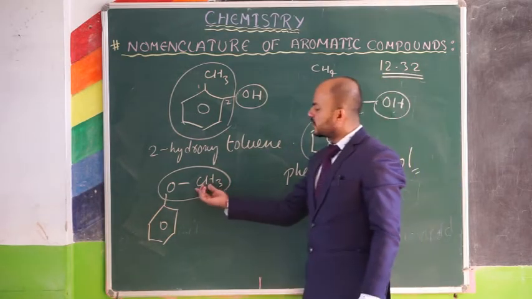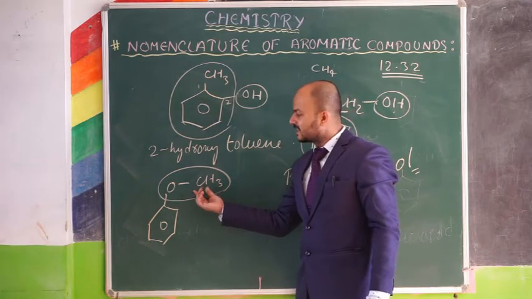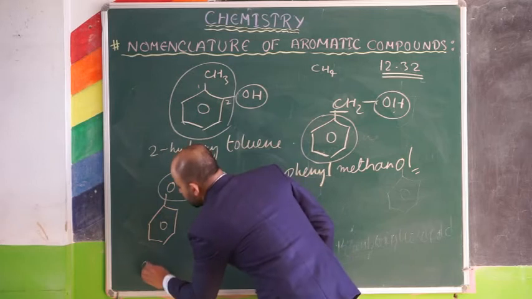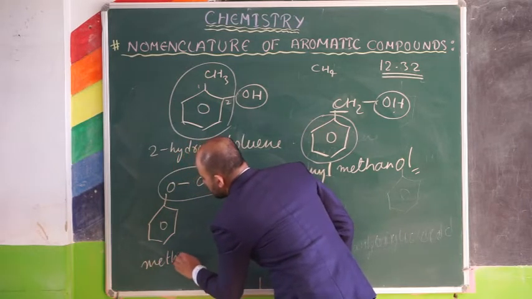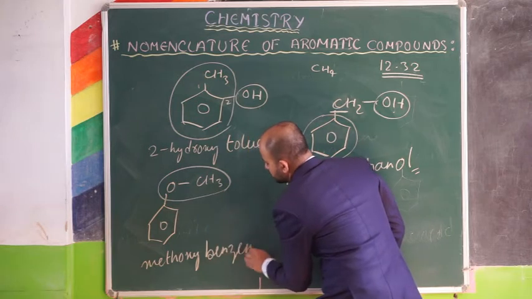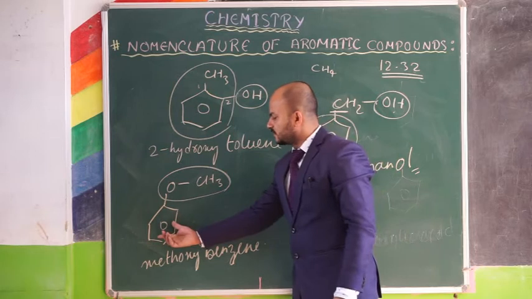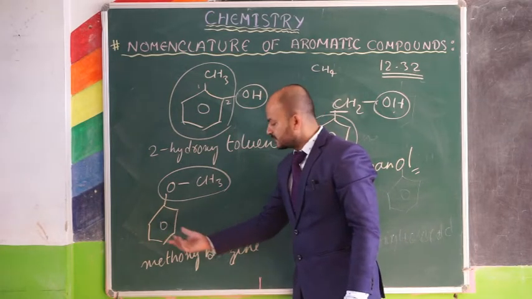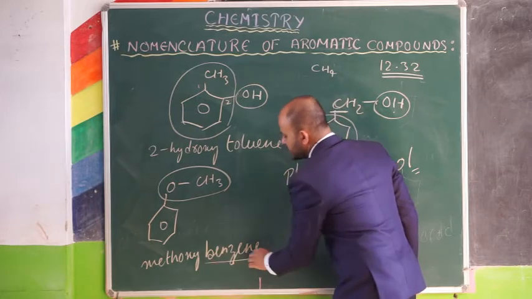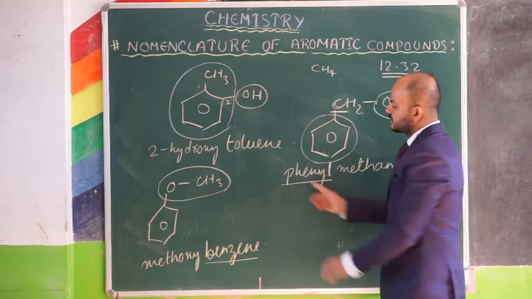Okay, in this part, one carbon is present, therefore it will be written as methoxy, and this is the benzene ring. This is methoxybenzene. Please remember, whenever this ring is written as a suffix, it is written as benzene. Whenever the same ring is written as a prefix before, then it has to be written as phenyl.